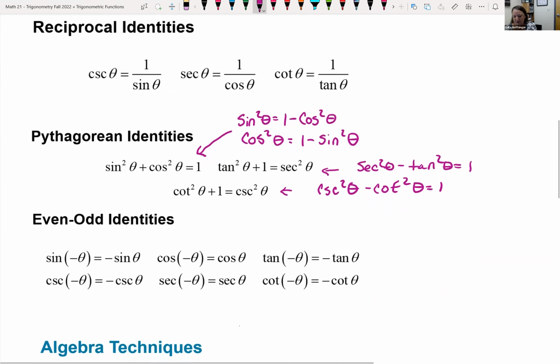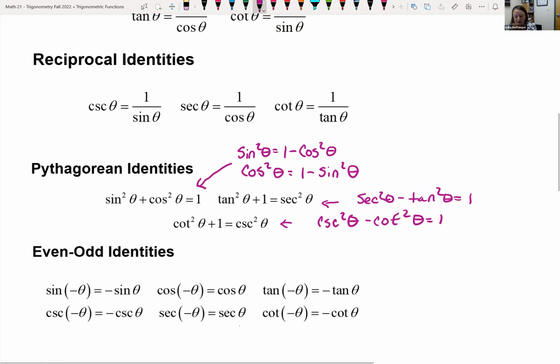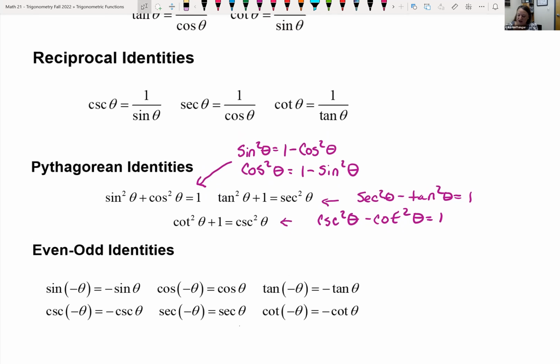We also use the facts about even and odd identities to help us when we're looking at those trigonometric equations. We know that sine is odd, so sine of negative theta is negative sine theta. Cosecant theta is odd. Cosecant of negative theta equals negative cosecant theta.